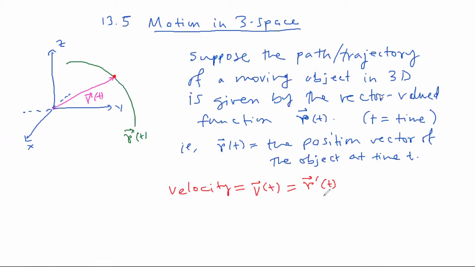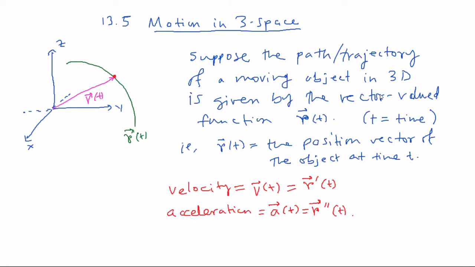So the rate of change of the position, that's your velocity. And what will be acceleration? Acceleration, let's say a of t, is the rate of change of velocity. When you take the second derivative, r double prime.